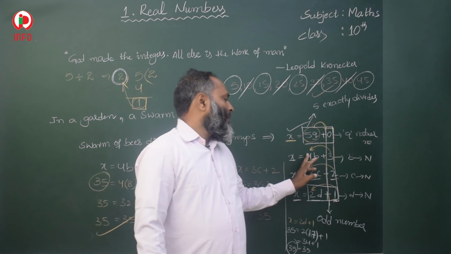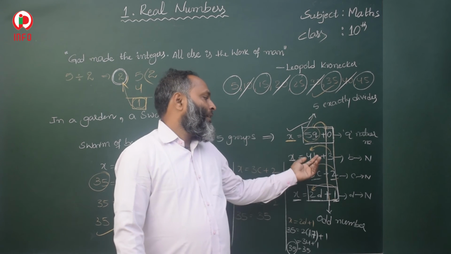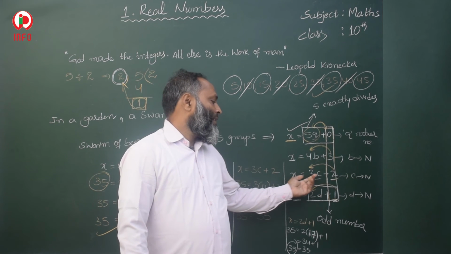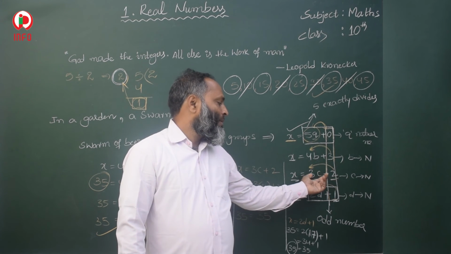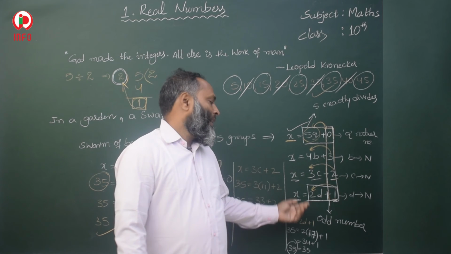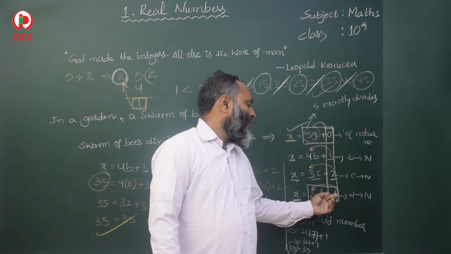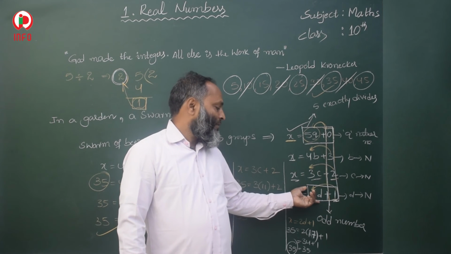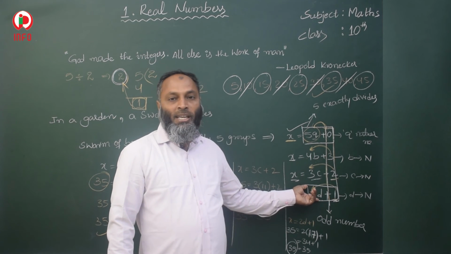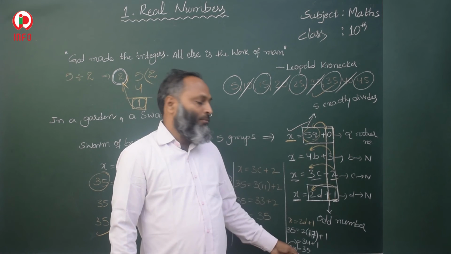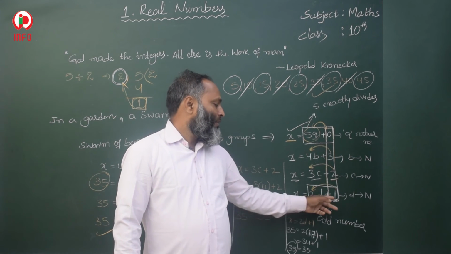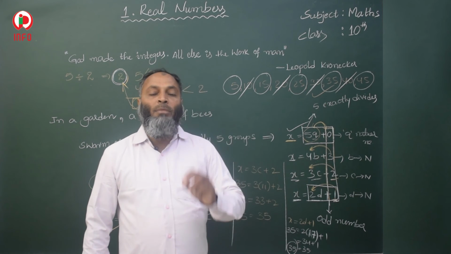In the second statement, 4b plus 3: when we divide into 4 groups, 3 are left. In the third statement, when we divide into 3 groups, 2 are left. When divided into 2 groups, 1 is left. Then take the last statement, which makes it very easy to decide which number will come. 2d plus 1 means when we divide by 2, 1 is left, so an odd number will come.